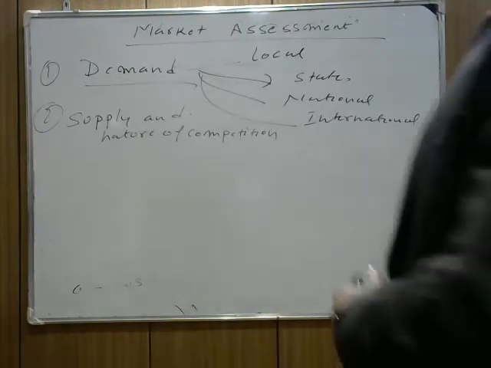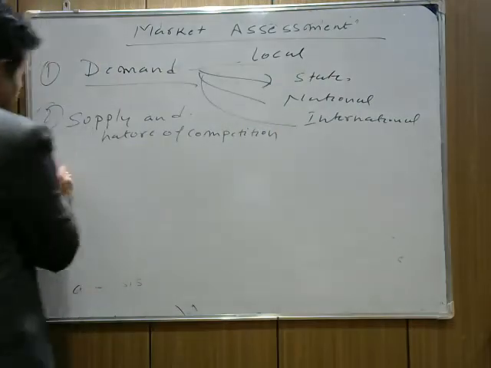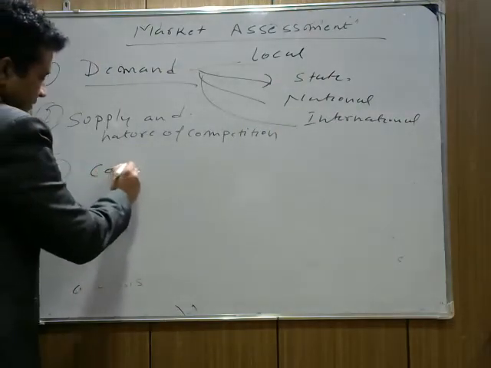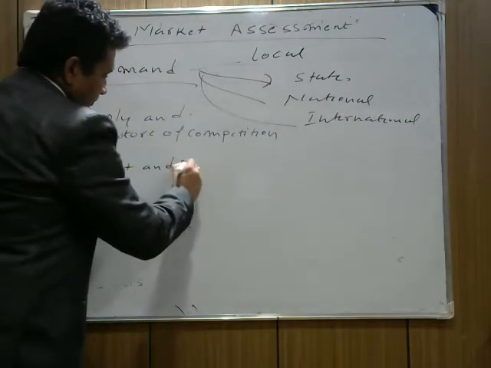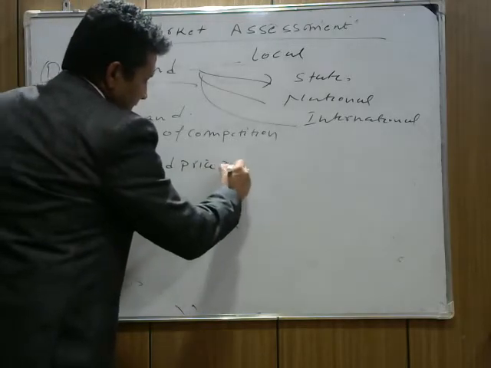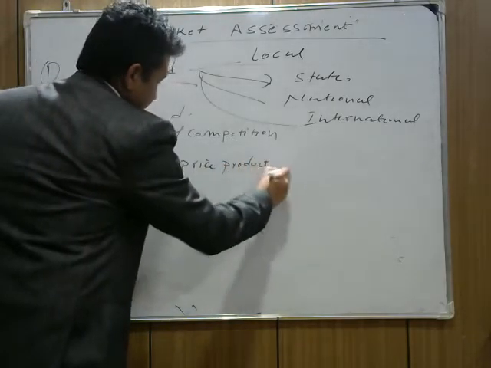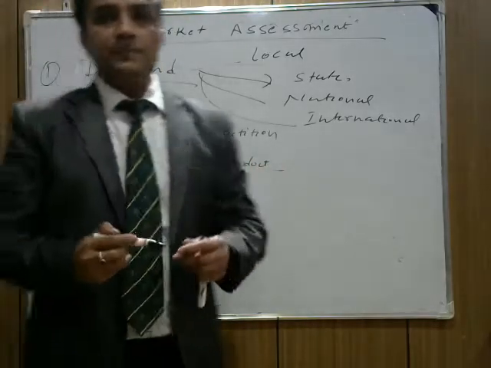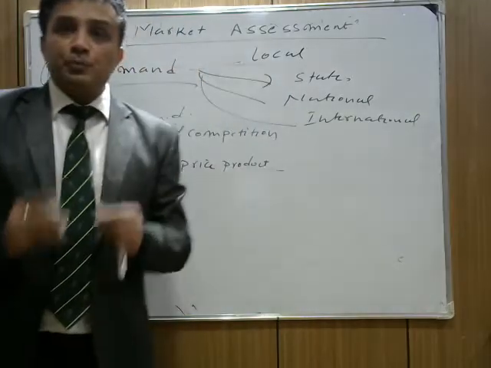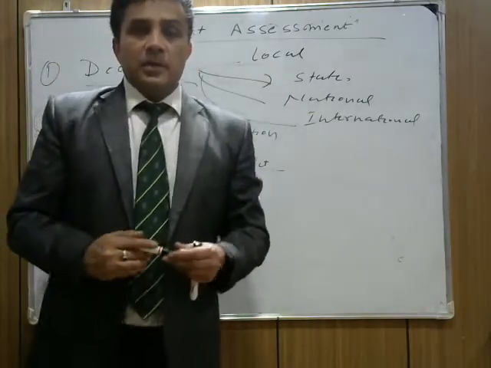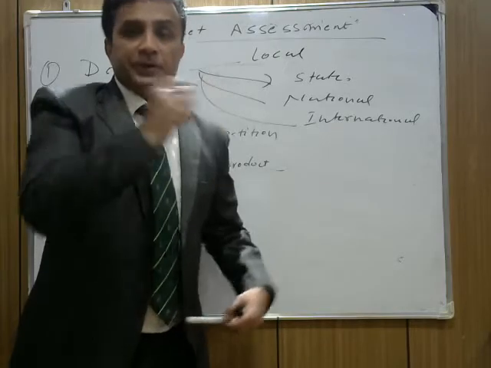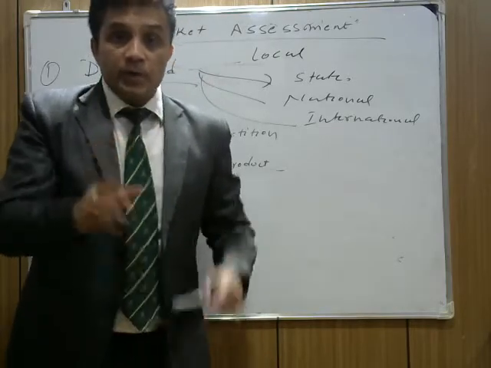Third part in market assessment is cost and price of product. We already studied this portion, but I repeat it again. What is the cost and price of product? The price of the product should be competitively set with regard to the existing competitors of the product. Now listen carefully.